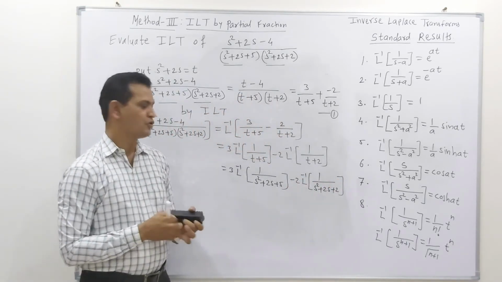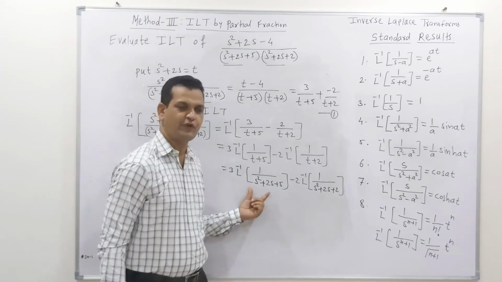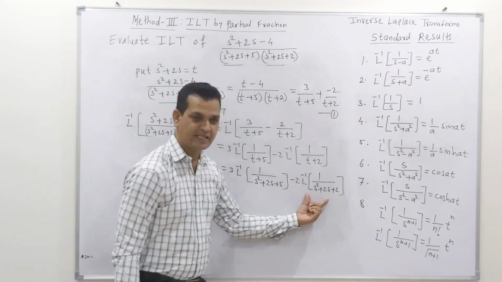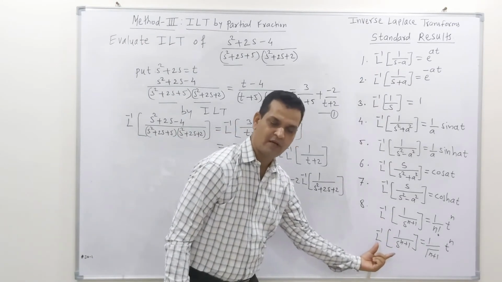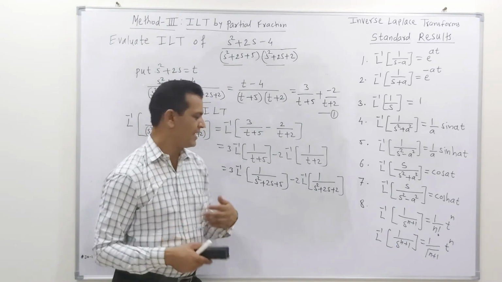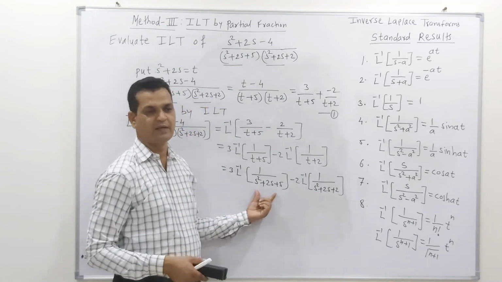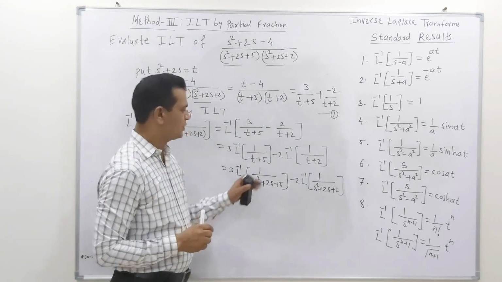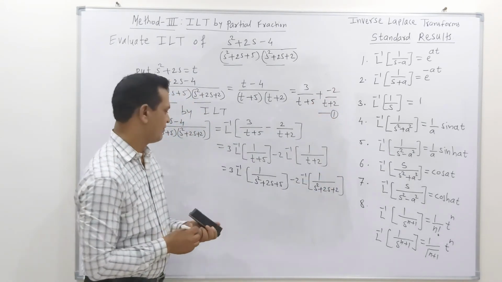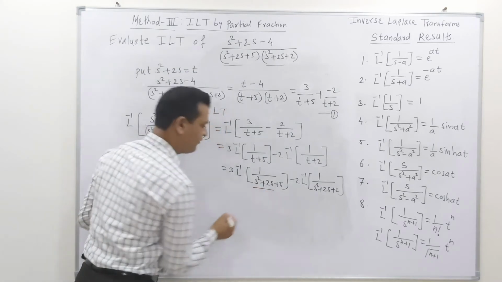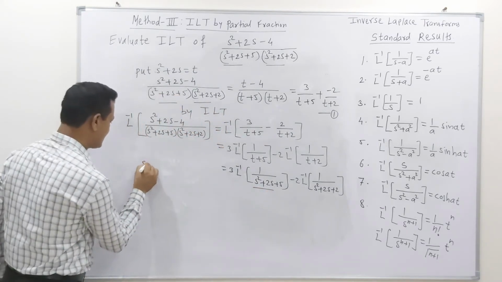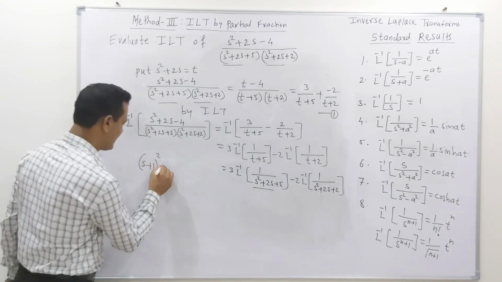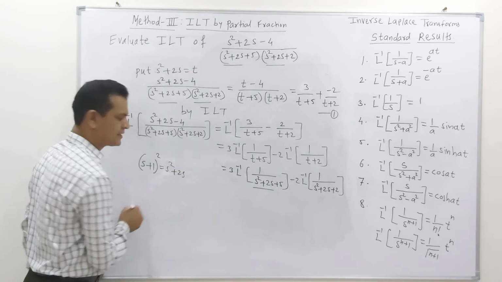Now our aim is to find the inverse Laplace transformation of the first and second terms. But observe that the first as well as the second term is not in our standard form. So our first aim is to convert this denominator into standard form. Let's do some adjustment. If we observe the first two terms, this is the square of s plus 1, whose square is s square plus 2s.